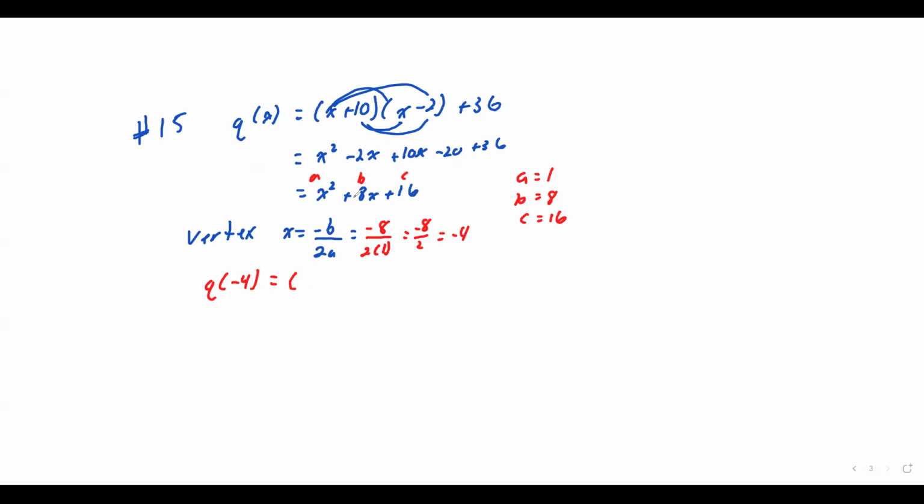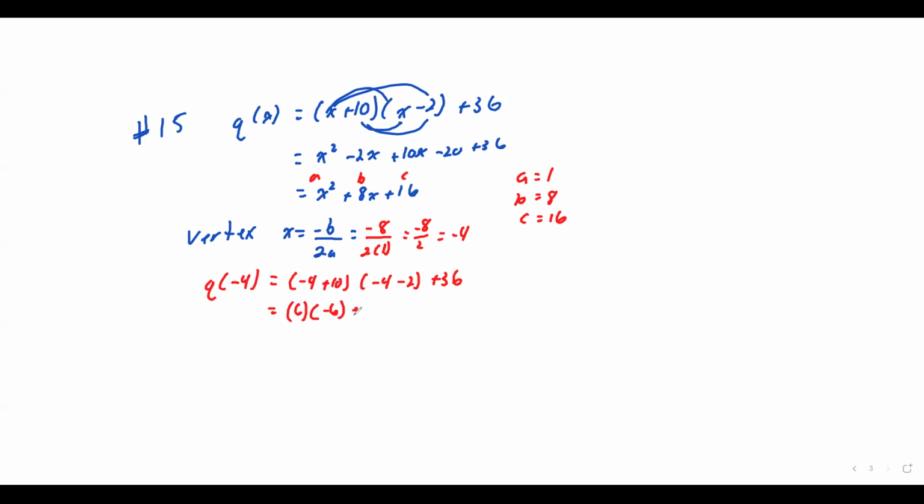Then I would figure out what Q of negative 4 is, which in this case you can plug in here or plug in here. I don't think it really matters. I'm just going to default to the first one. It's probably about the same amount of math. Negative 4 plus 10 is 6.